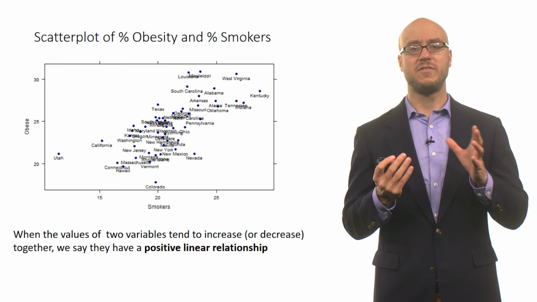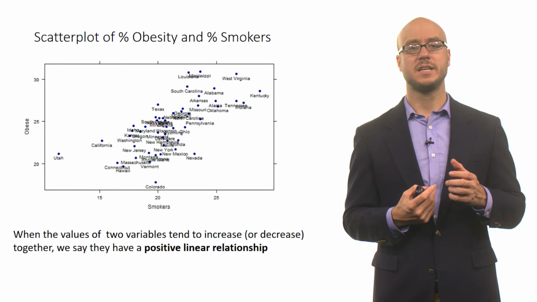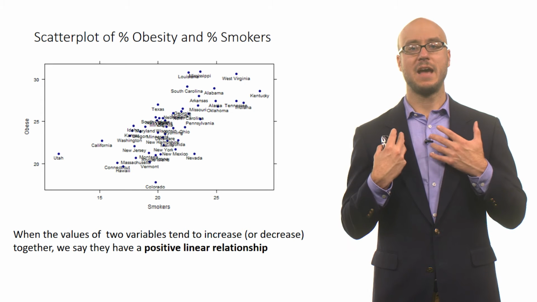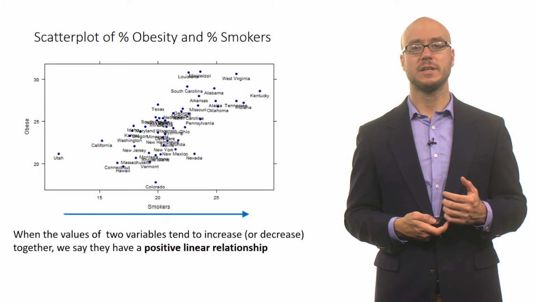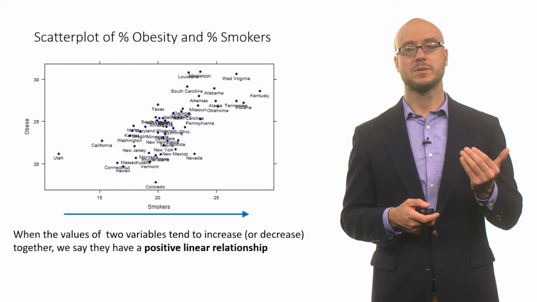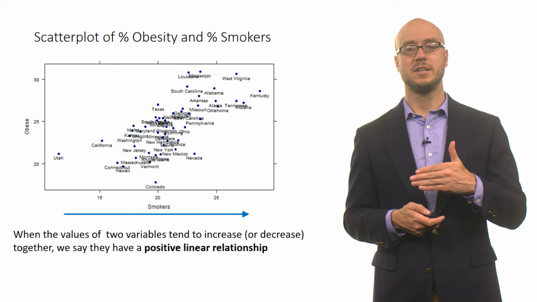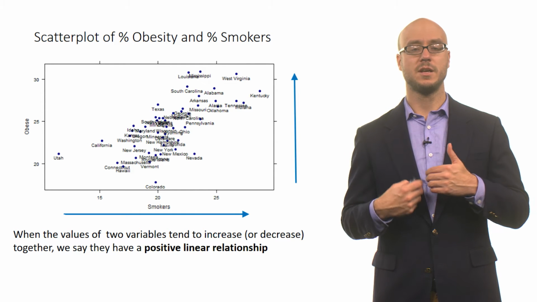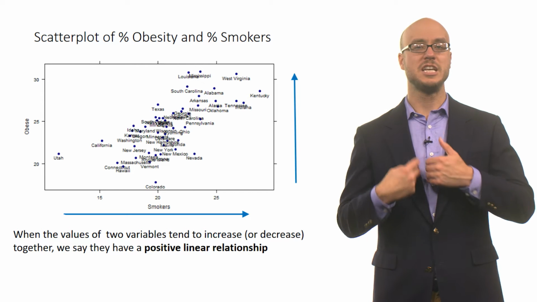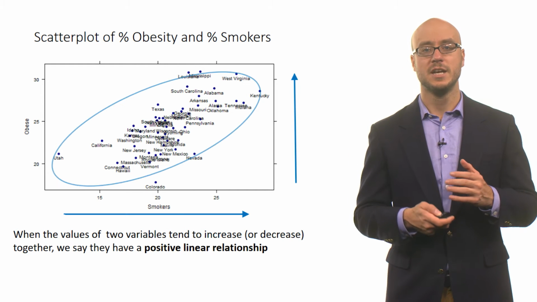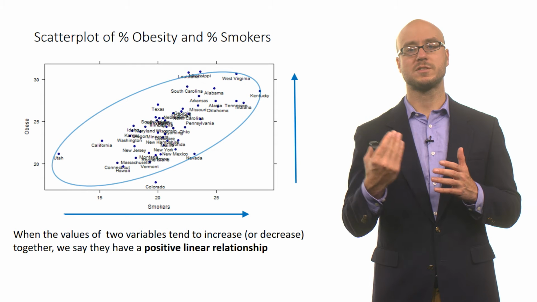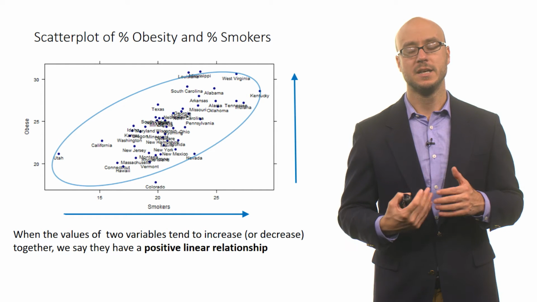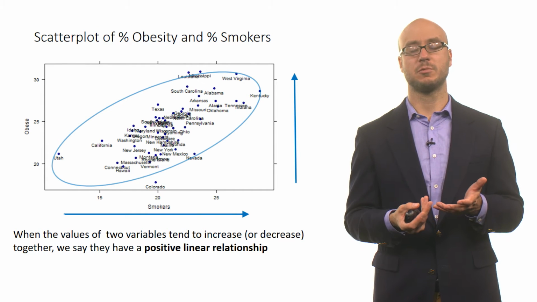We can say that when these values tend to increase or decrease together, they have a positive linear relationship. So we can see as the percent who smoke increases in each state, the percent who are obese, in general, tends to increase too. And so you see this upward sloping pattern in the data. Again, this suggests a positive linear relationship.